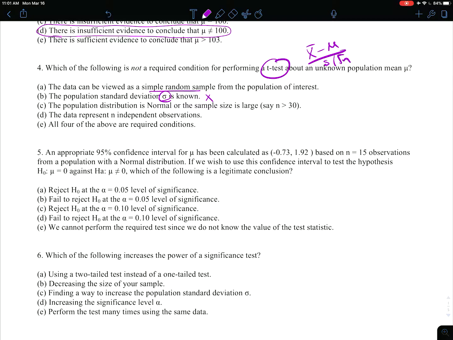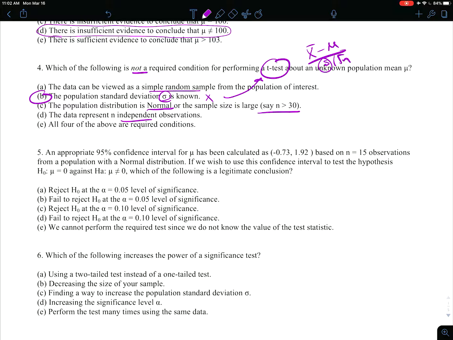We don't need that because it's the t procedure, and the t procedure relies on s. That's why we talk about degrees of freedom. Just to run through the rest of them, it does need to be normal, or the central limit theorem kicks in, and then independence would be the other condition that needs to be met. So B would be the best answer, as which one is not required.